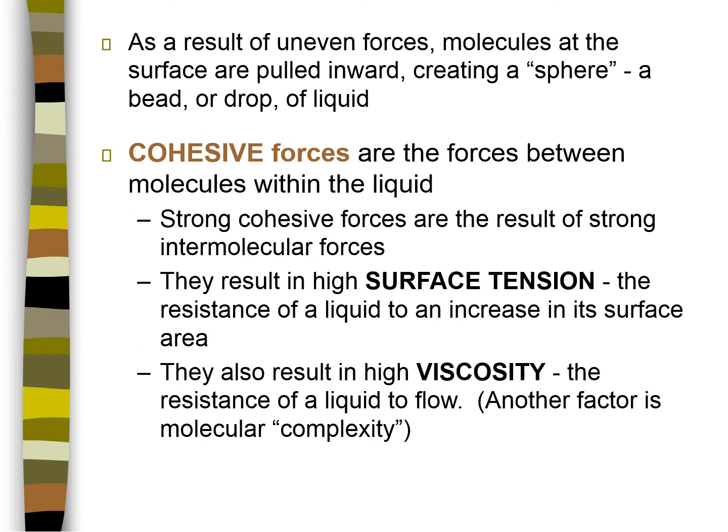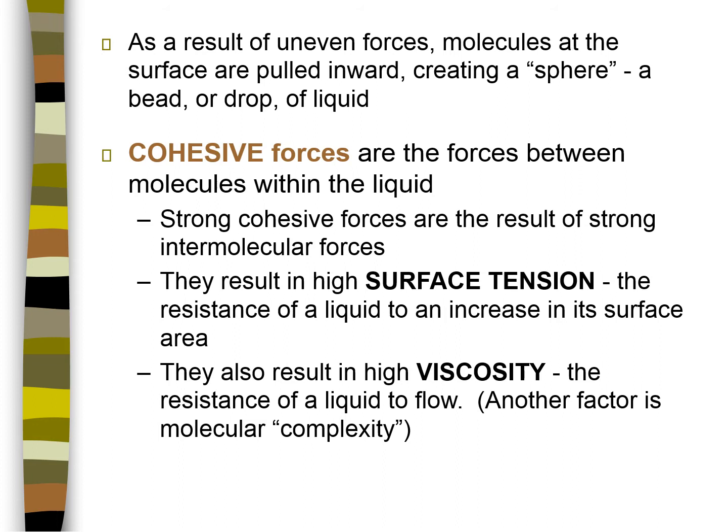intermolecular forces. A related property that can also be explained by cohesion is viscosity. You probably remember doing some experiments on viscosity in middle school. You probably measured or compared the viscosity of different liquids, perhaps by pouring them down a slope, down an incline, and measuring how long it takes for the liquid to flow down the surface, or perhaps dropping something into the liquid and seeing how long it takes to sink through the liquid.